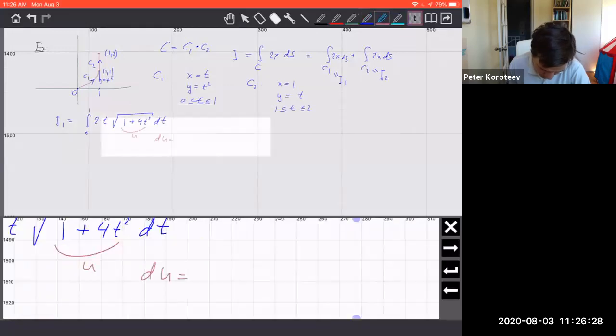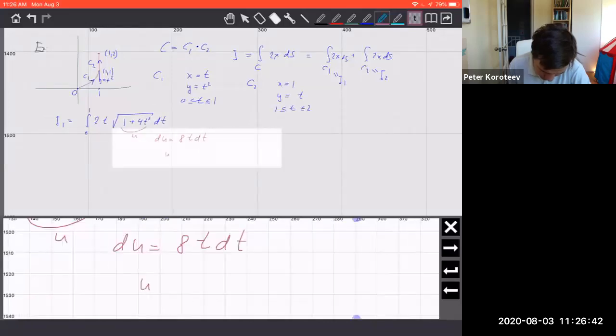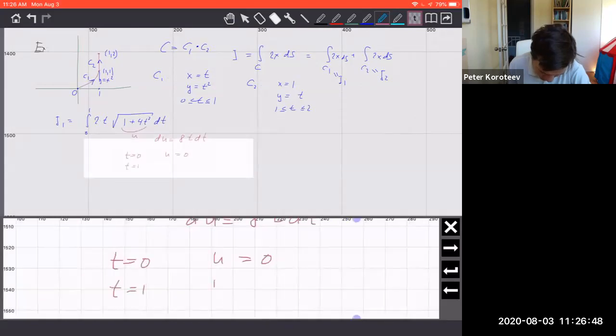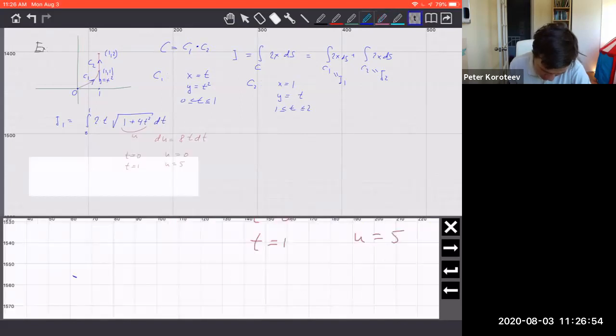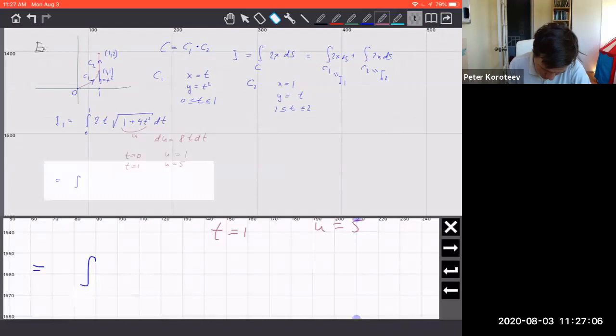And so du is equal to 8t dt. And when t is equal to 0, u is equal to 1. When t is equal to 1, u is equal to 5. So we integrate from 1 to 5.